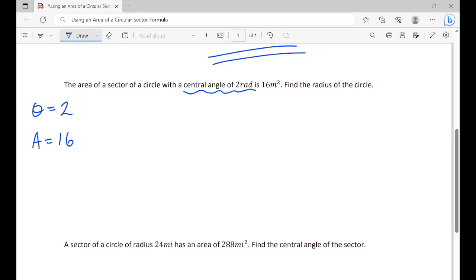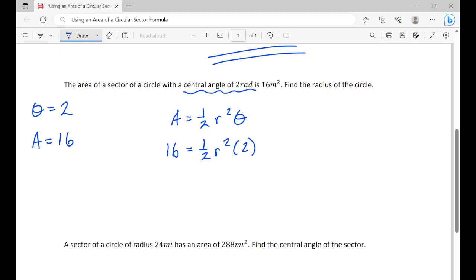Now that we have these two, we can find the radius of the circle. So A equals 1/2 r squared theta. 16 equals 1/2 r squared times 2. So I'm going to divide the 2 over and then multiply by 2 as well.